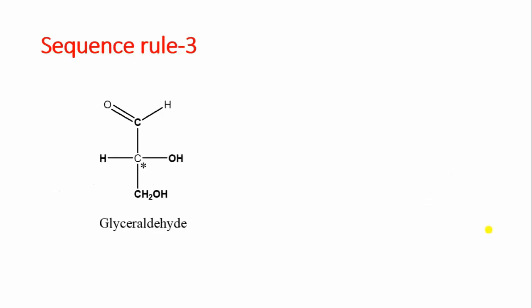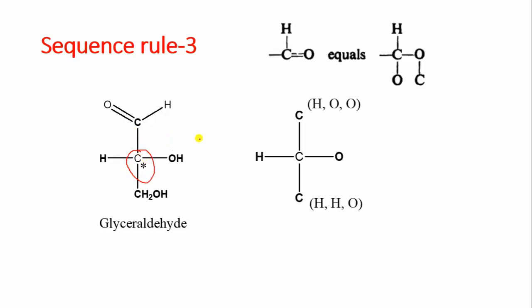In this example of glyceraldehyde, there is a carbon double bond O, which means an aldehyde group is present. First you have to find out the chiral carbon. You can see this chiral carbon is attached with oxygen, carbon, another carbon and hydrogen.